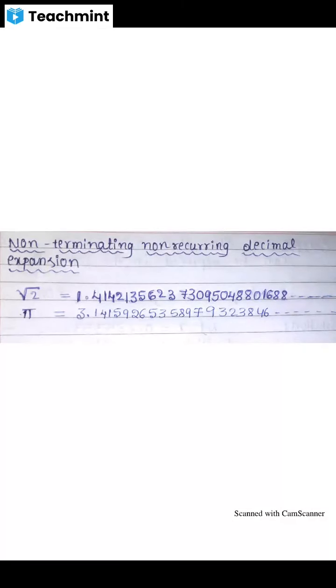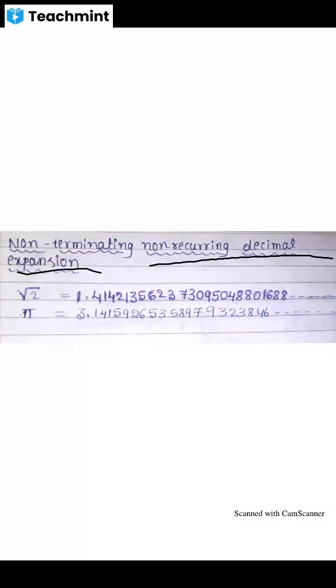So the third type of decimal expansion, this concept which was discussed in yesterday's class also. We discussed it in both 9th A and 9th B. Still, once again, we have to revise this topic. That is non-terminating, non-recurring decimal expansion.